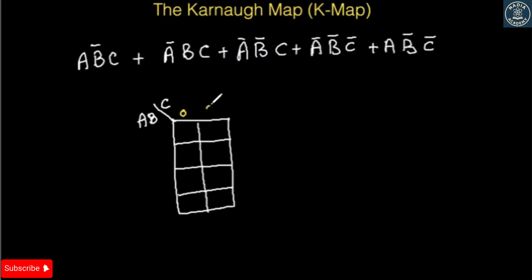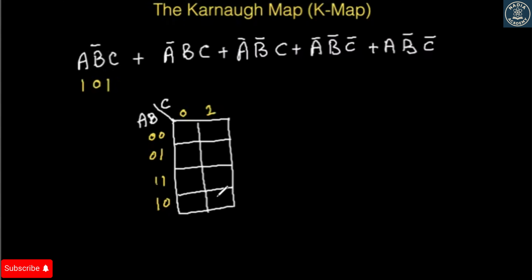Here we have 0, 1, 0, 0, 0, 1, 1, 1, 1, 0. The first term is A with value 1, B bar 0, C 1. So let's find this one. Where is it? 1, 0, 1.